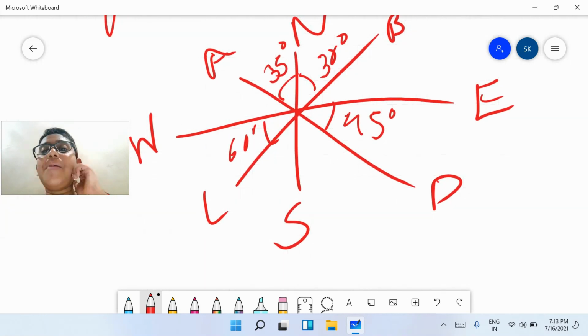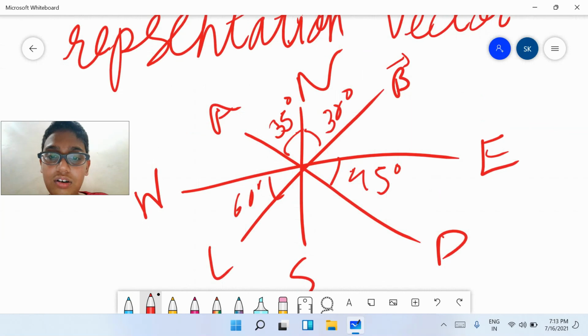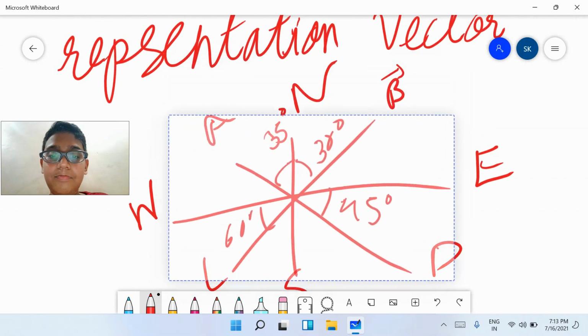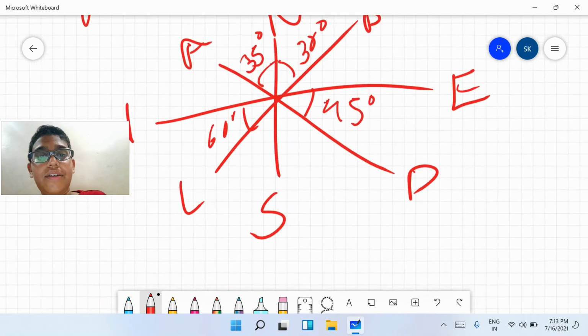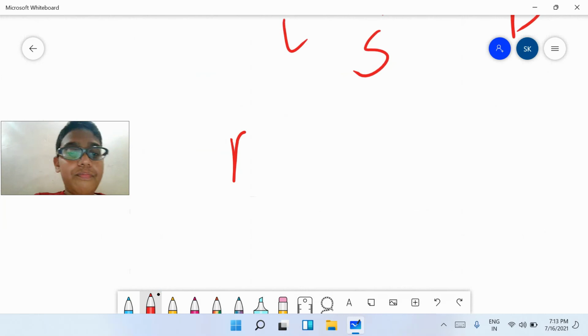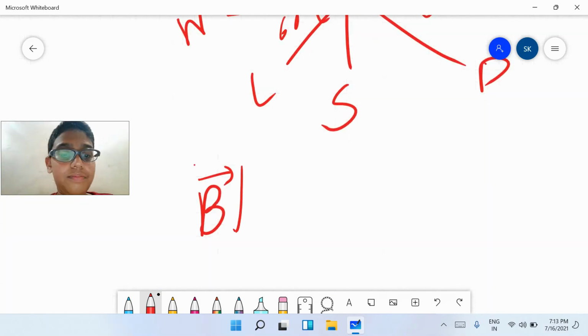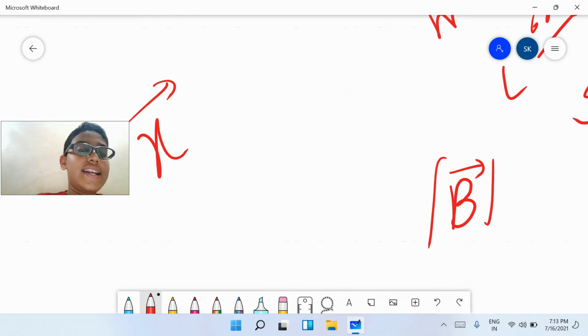What can we say about this B? It has direction and some length, so of course it is a vector. Okay, I will position it better. So let's say something about B. Vectors are represented by, let's assume something as x, and a sign like this.